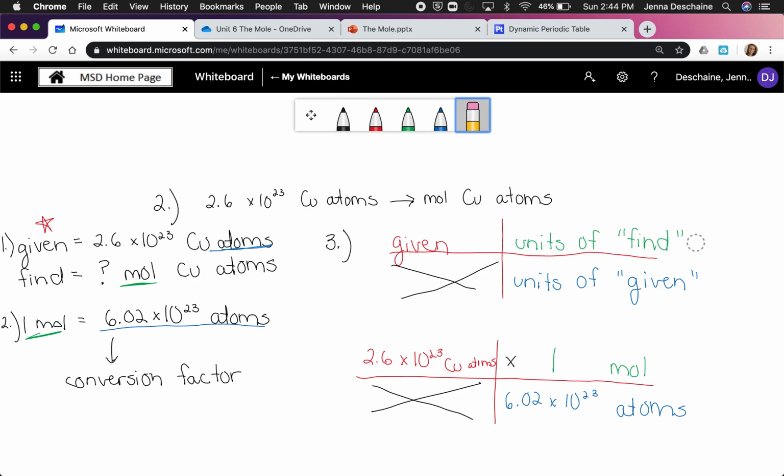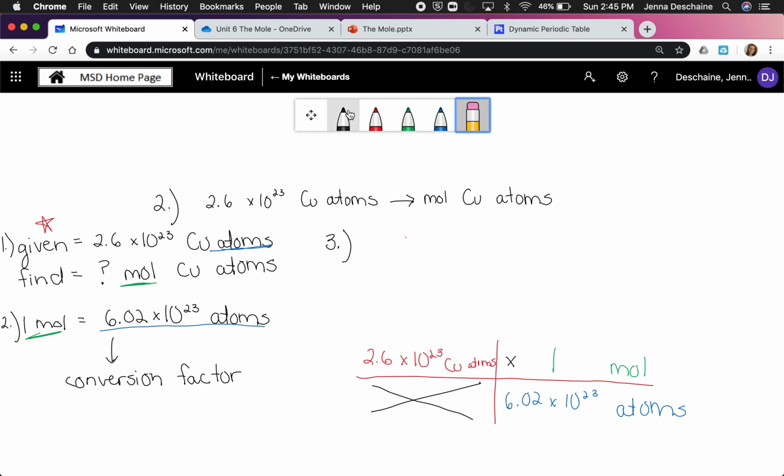Now I need to divide 2.6 times 10 to the 23rd by 6.02 times 10 to the 23rd. I'm going to erase this really quick. My unit is going to be in atoms on top, and my unit is going to be in moles.